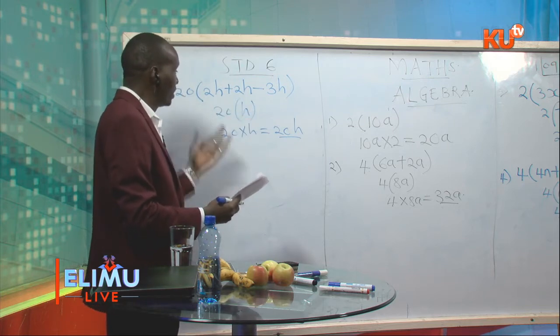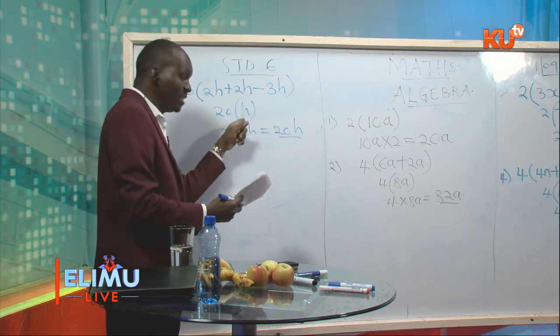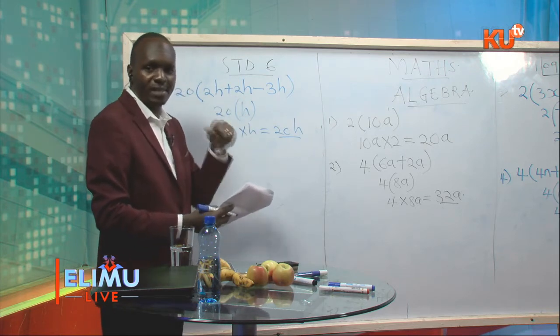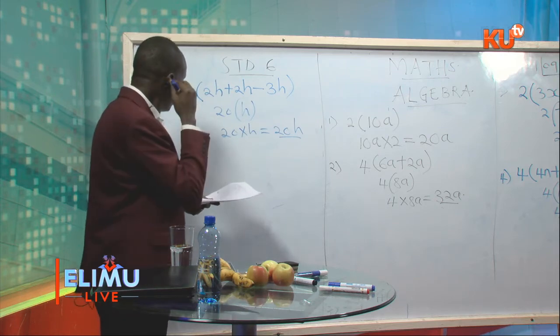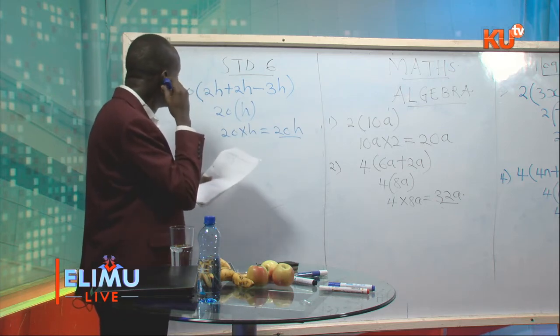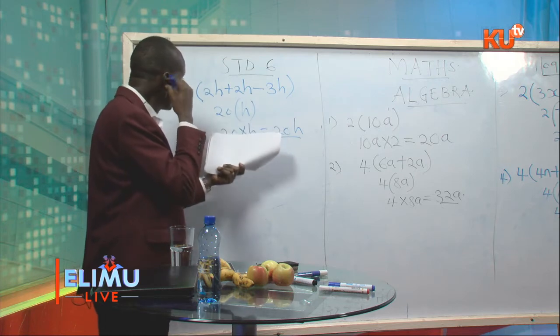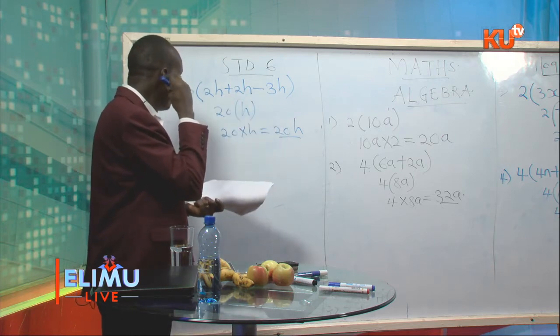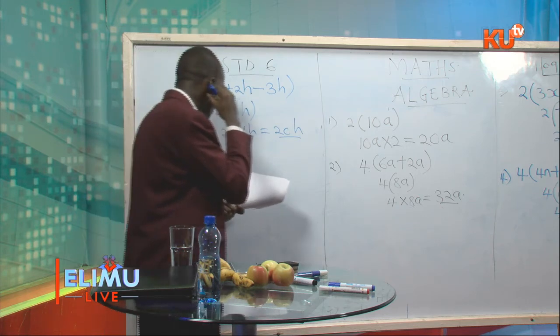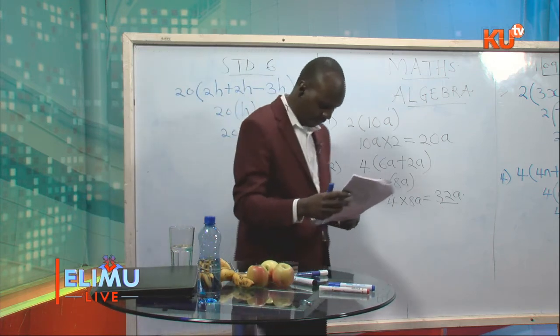Our next step is multiplying what is inside the brackets with what is outside the brackets, whereby we have 20 times 1, or 20 times h, we get 20h as our answer.